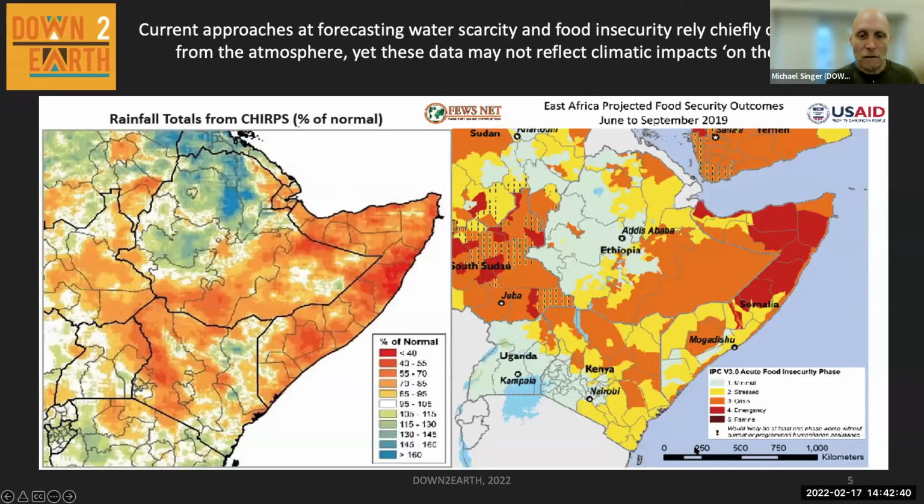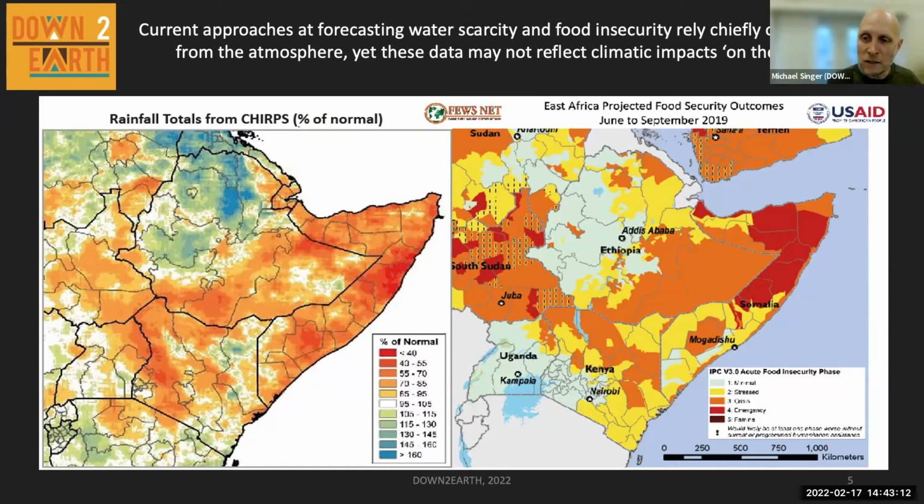So our geographical focus in this project, as I mentioned earlier, is really in Somalia, Somaliland, Ethiopia, and Kenya, and specifically in the dryland environments within those countries. But we feel that what we're doing here is much more broadly applicable across the Horn of Africa region. The current approach to this problem of drought and water and food insecurity is to look at forecasting these aspects based chiefly on climate information from the atmosphere.